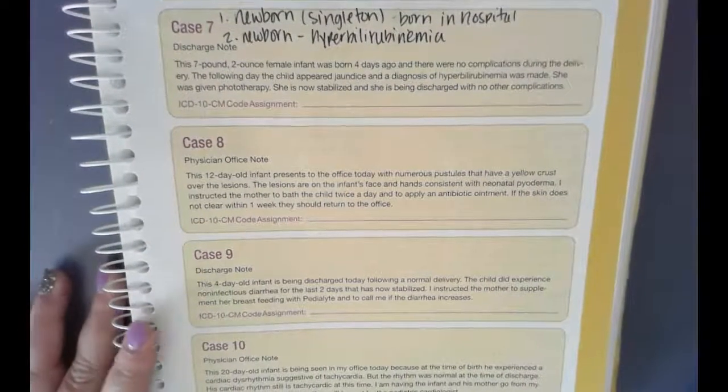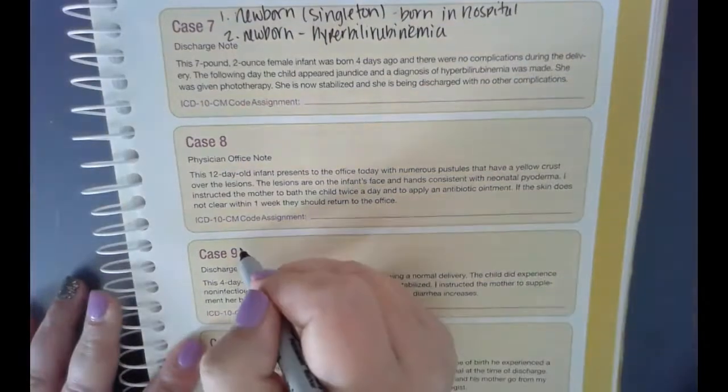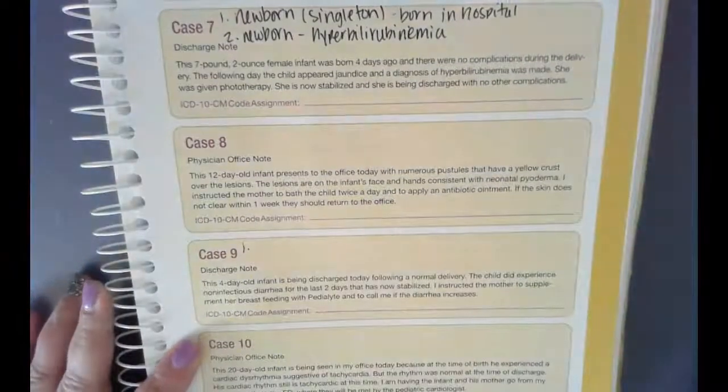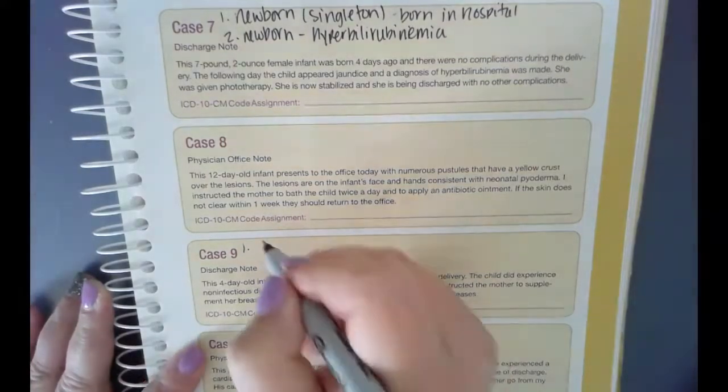And then the last one, case 9, 4-day-old infant. Pedialyte. Okay, so again, you're going to have 2 codes. Same as above, you're going to have that Z code for the newborn, born, singleton, birth, and the hospital.